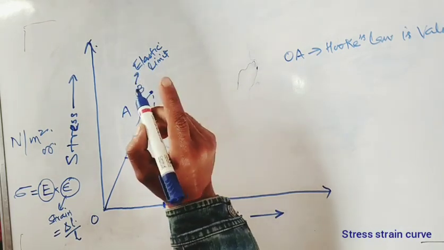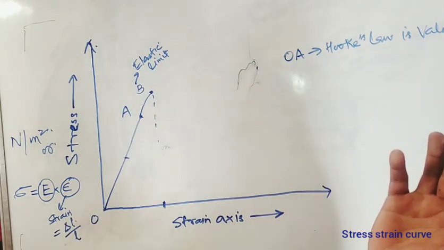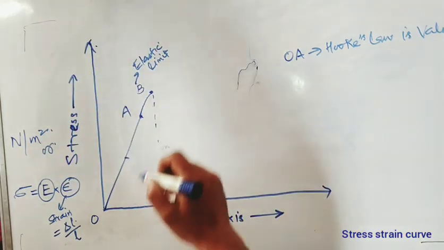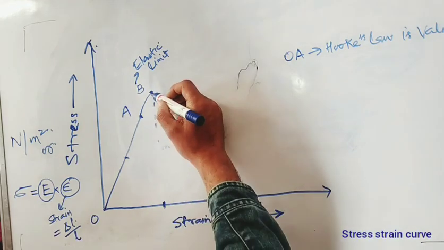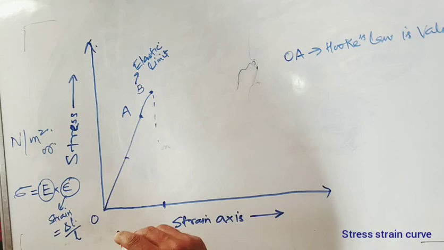That 2% elongation will wash off. There will be no elongation if you remove the loads. That is the significance of the elastic limit. But Hooke's law is not valid up to the elastic limit; Hooke's law is valid up to point A only.